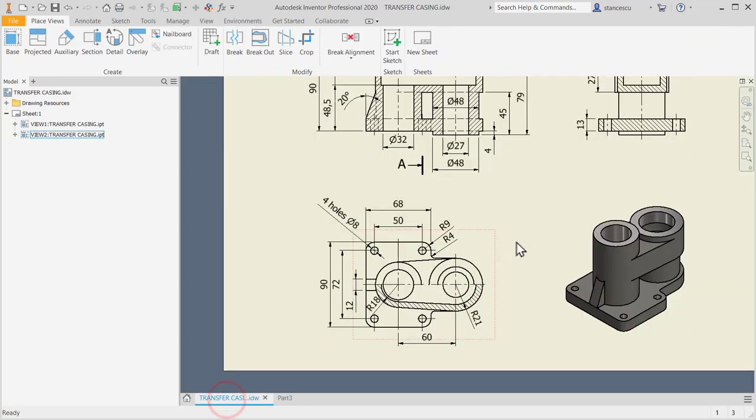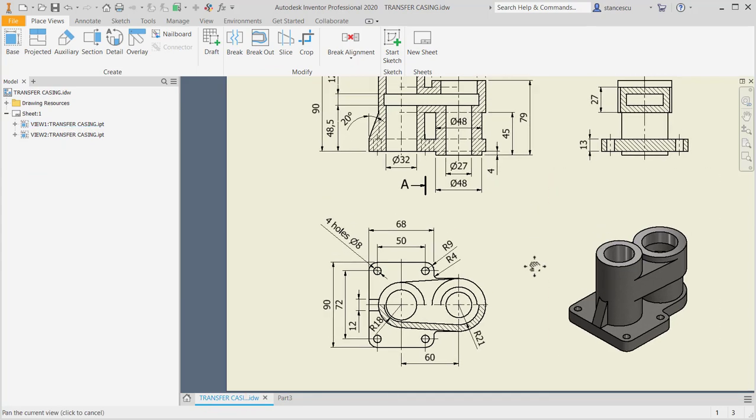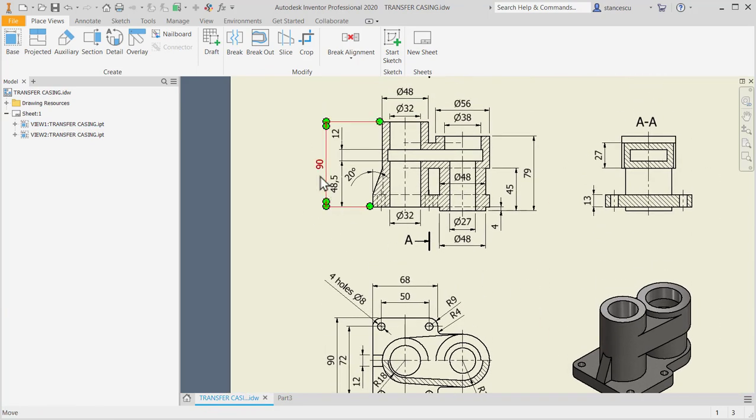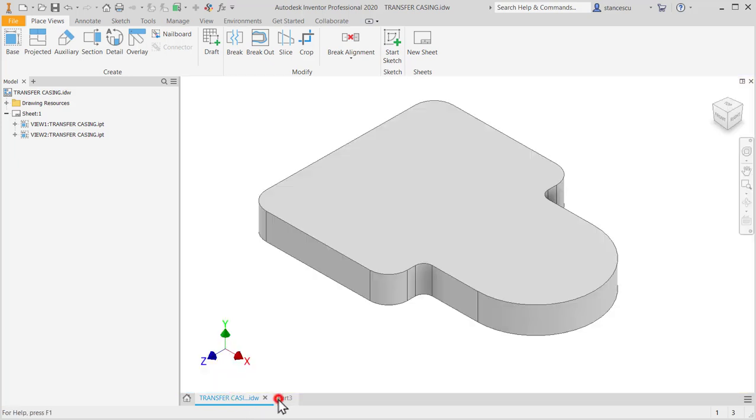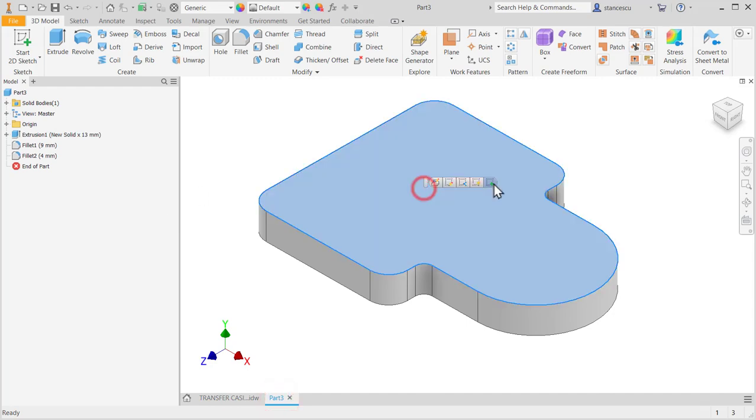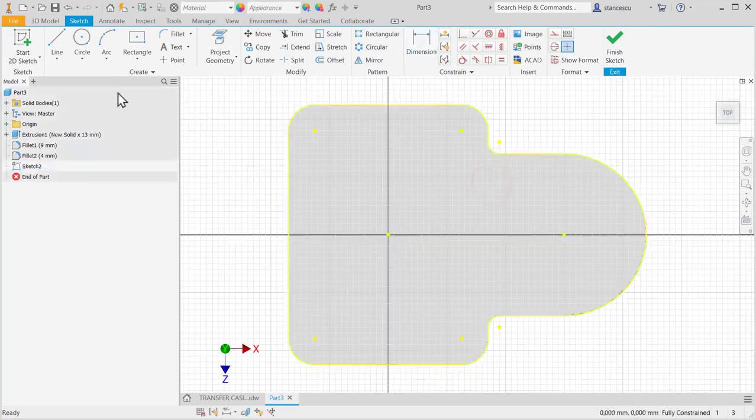Next is this cylinder, which is diameter of 48 and height 90. This is where we create a sketch.